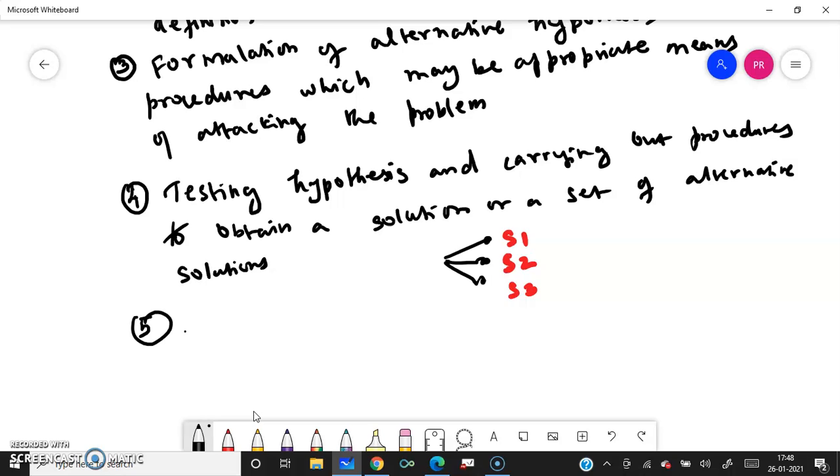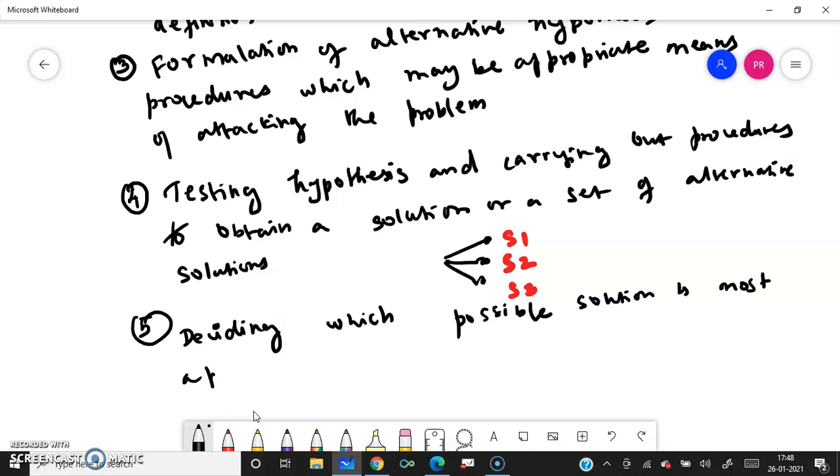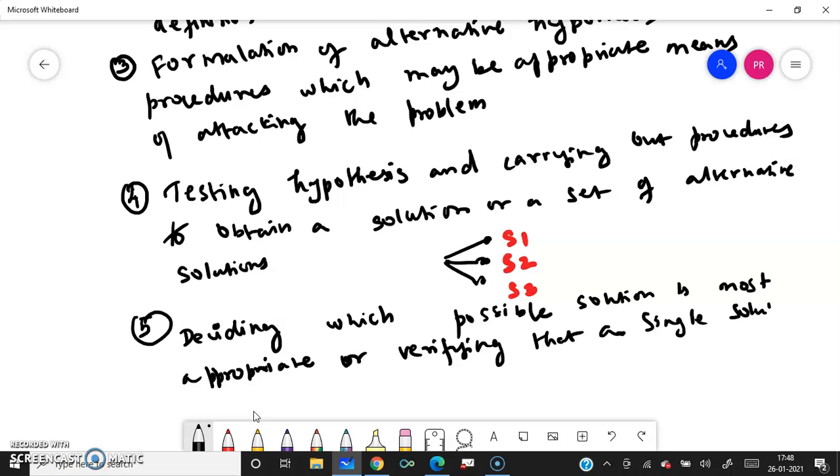In the 5th step, we decide which is the correct solution, or verify that a single solution is correct.